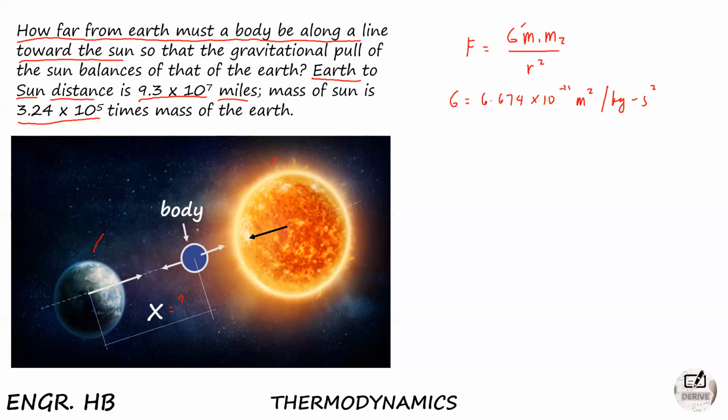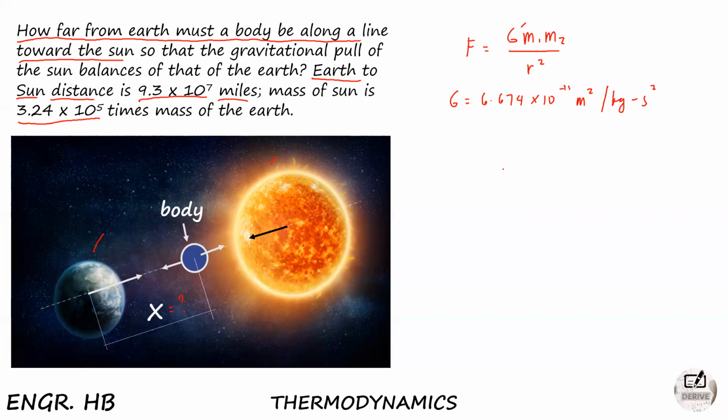Kung si Earth to body, si mass 1 is si Earth and si mass 2 is si body. Okay? So kung sa body and sun naman, ang M1 natin and M2 is si mass ng body at si mass ng sun. And syempre yung R squared naman yung distance from each other.